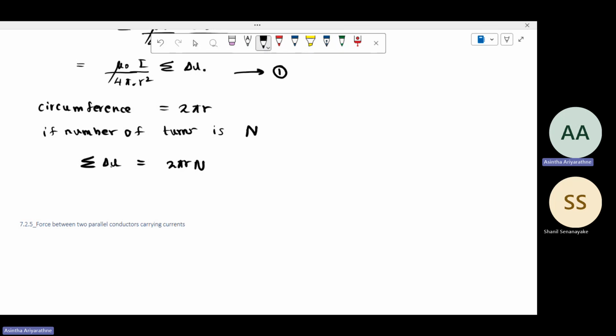Sigma delta L is the total length of the conductor. If there is only one turn, it is 2 pi r. If there are N turns, it is 2 pi r N.